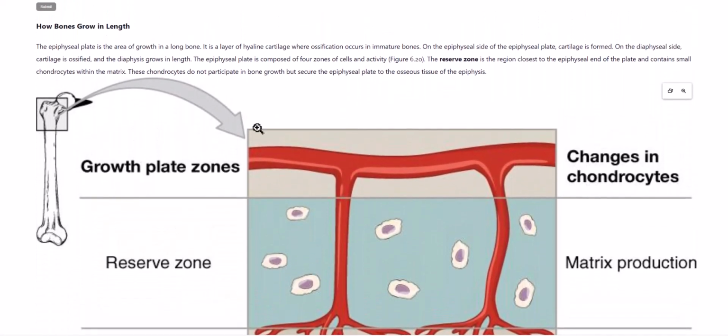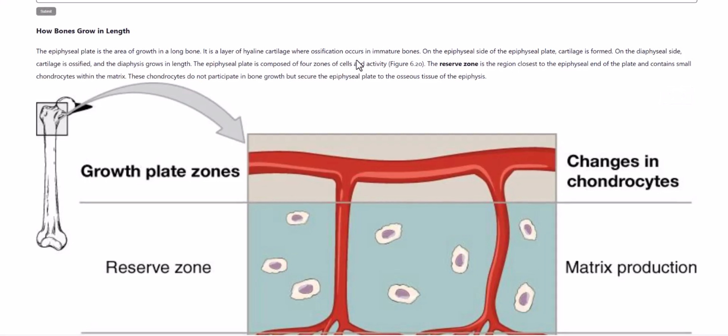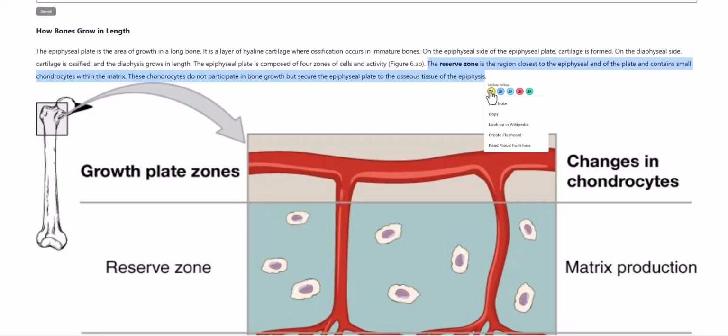Now, I'm not going to go into the different zones, so don't worry about the zones, but I do want you to see that, we're going to make that not yellow, but sorry, make that blue. We're going to make this whole area the dark blue, meaning don't focus on it.